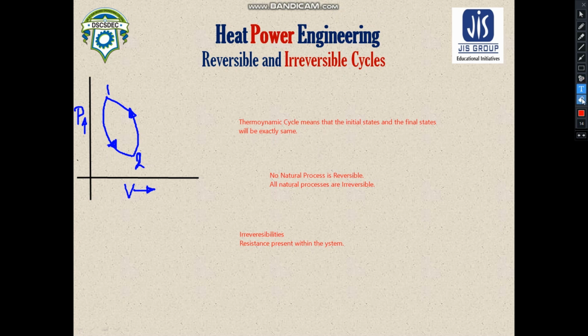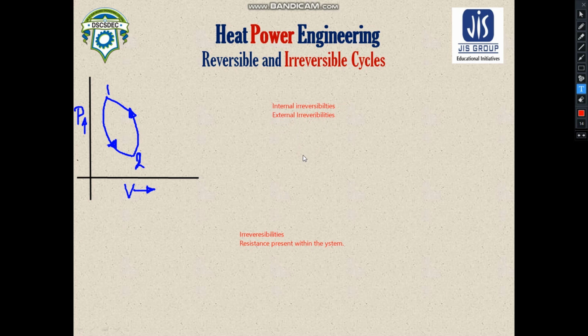Now these irreversibilities can be categorized into two categories. The first one is the internal irreversibilities, and the second one is the external irreversibilities.